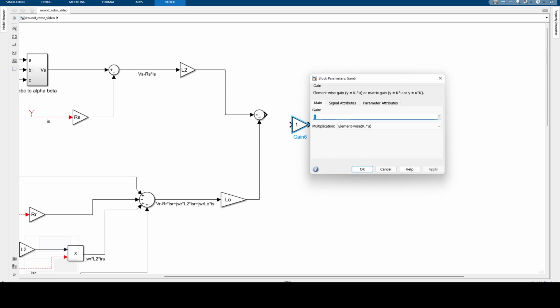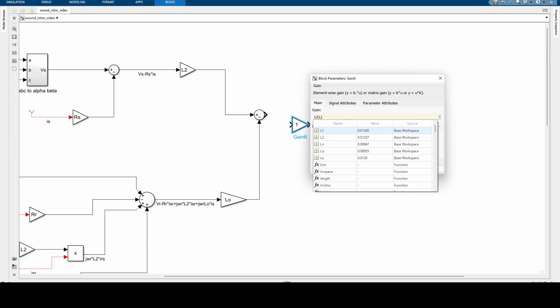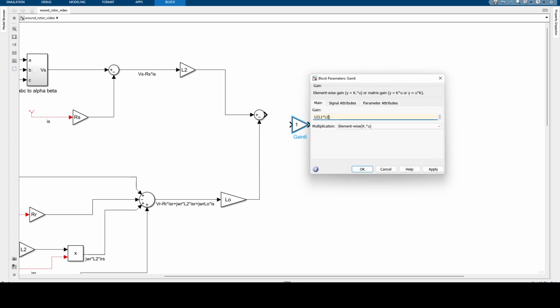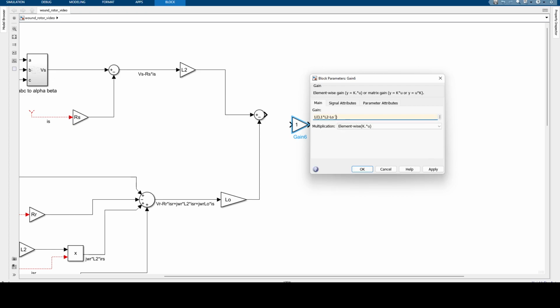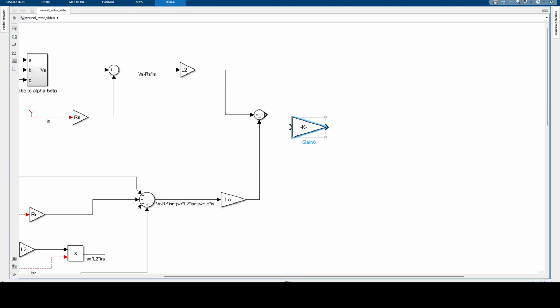So we're going to have 1 over L1 times L2 minus L0 squared. Okay. And what we get out of here is our DIS dt.